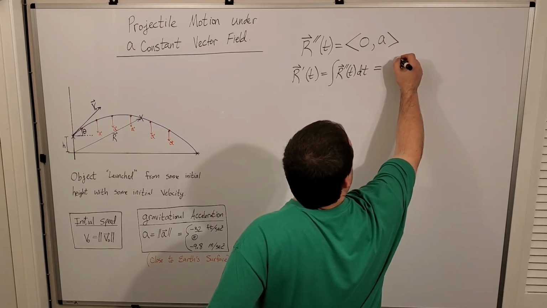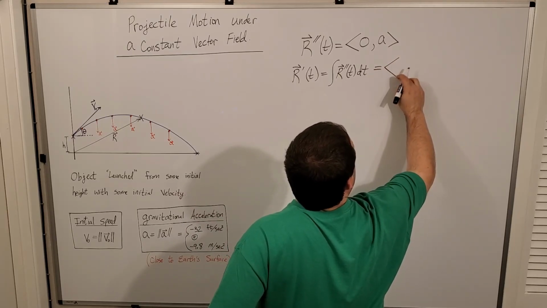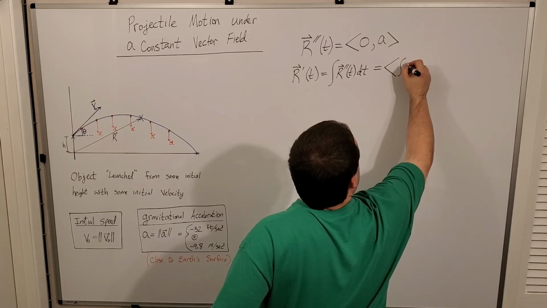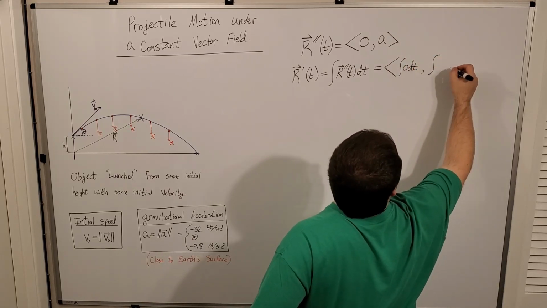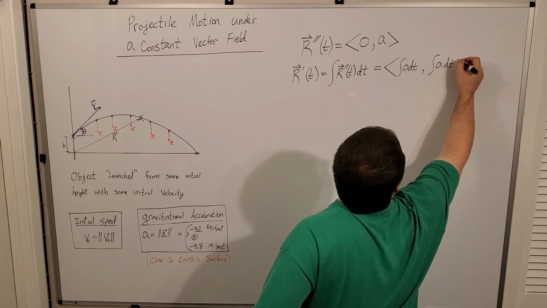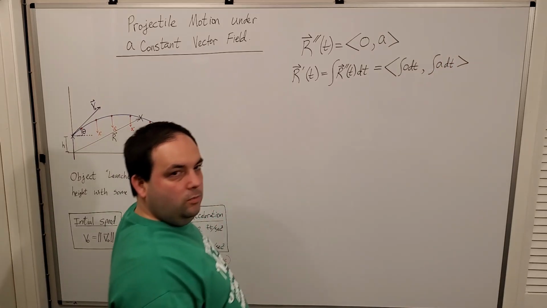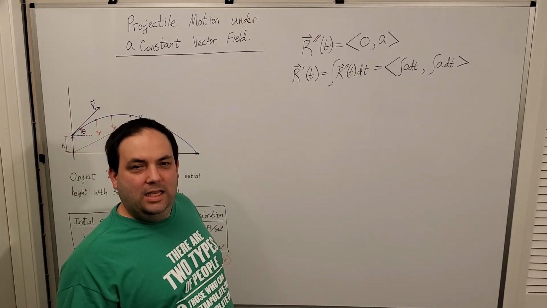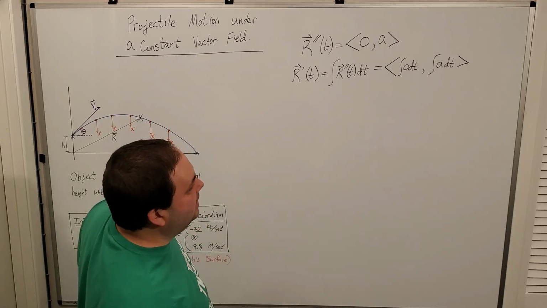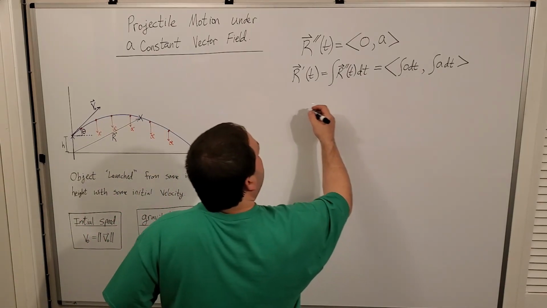In which case what I would be doing then is just doing the antiderivative of 0 dt and the antiderivative of a times dt, like so. And then naturally, of course, we're going to want to add in the initial velocity here, right?